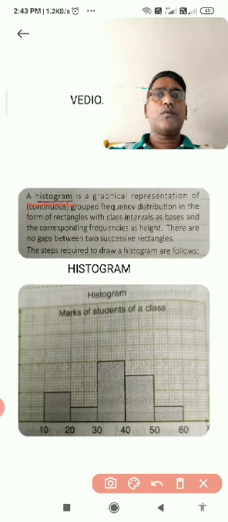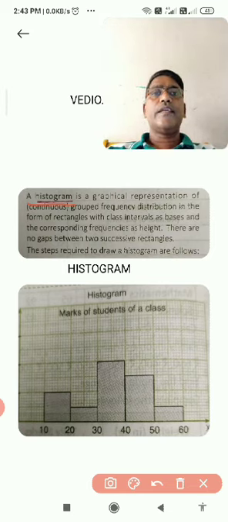For example, 10 to 20 is the first class, and the second class will start from 20 only. Such an interval is called continuation, and that type of graph is also a continuation graph. Only then is it possible to draw the histogram.